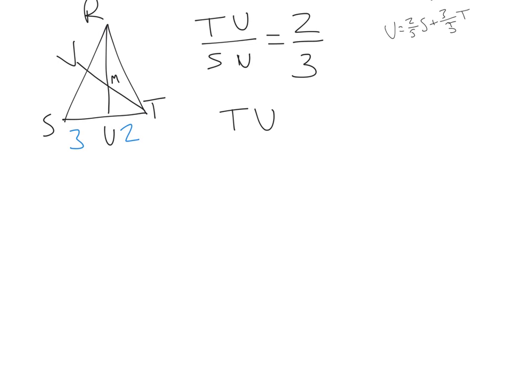Okay, I'm just gonna set this part of it aside for right now. And then we also know that M was the midpoint of RU. So it follows then that M is 1/2 of R plus 1/2 of U, right?